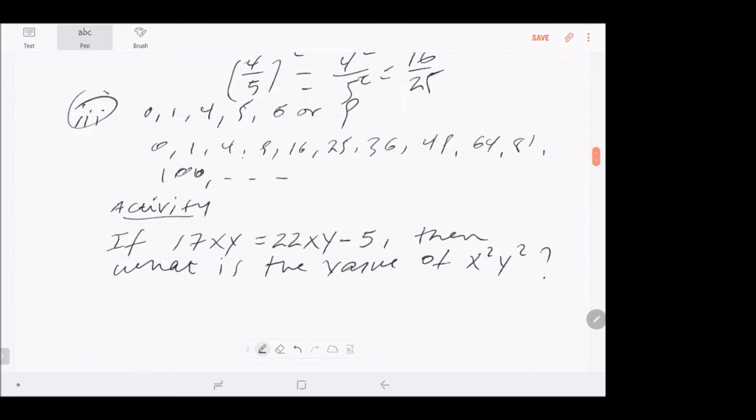The question is, if 17xy is equal to 22xy minus 5, then what is the value of x squared y squared? Let me give you 5 minutes to try this question, and you will tell me your answer.